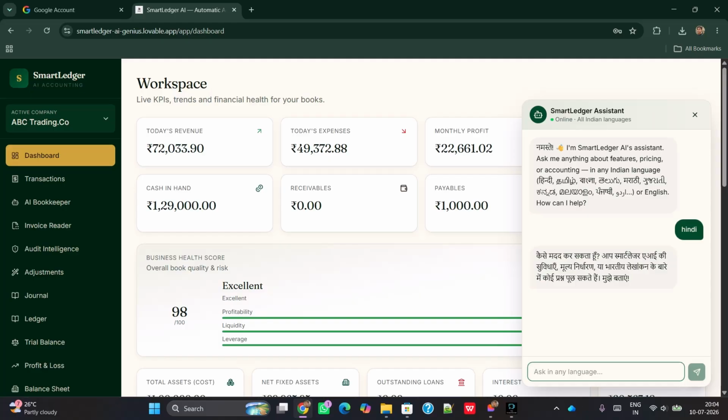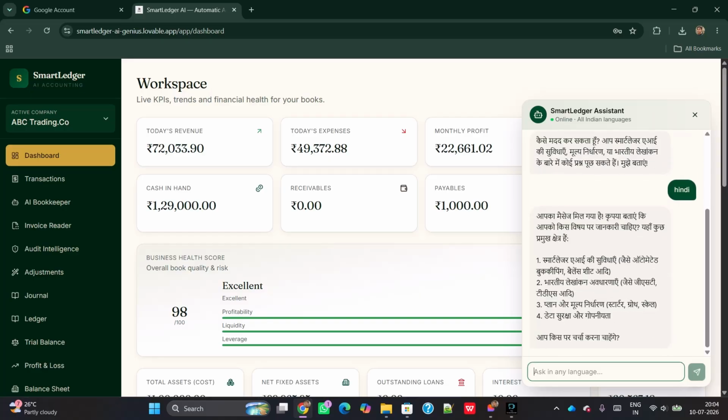As a resident of India, from any part of India, the person can talk in their mother tongue. For example, if I want to talk with the Smart Ledger Assistant in Hindi, only by typing or searching Hindi, it will provide all the information in Hindi. So this will provide one of the benefits to the user to use the Smart Ledger AI.